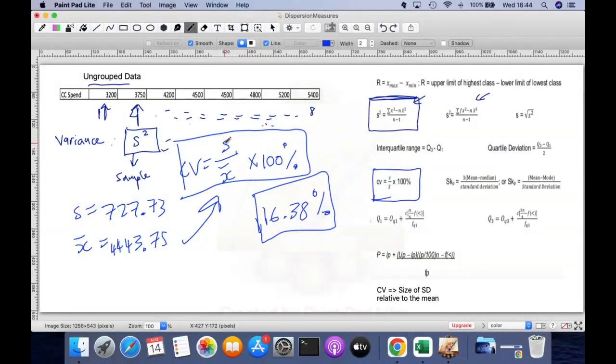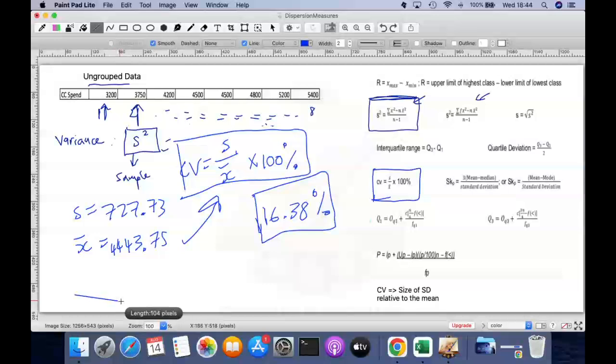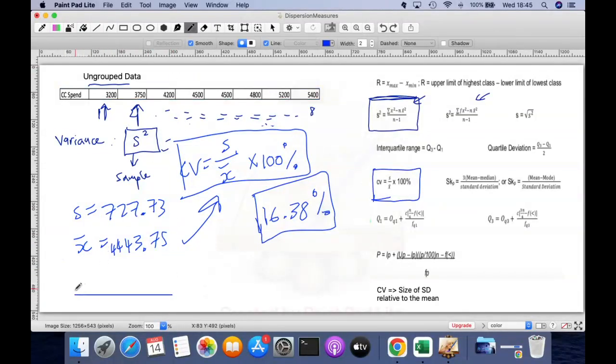And what it tells you, remember that diagram I showed you before. I had this graph which is quite wide, and then another graph next to it which is a lot sharper, like that.